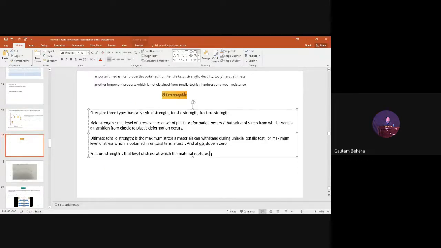If you remember, can anybody tell me, in between these strengths or stresses, which stress is more important in case of designing a material for an application where severe load is acting on the material?